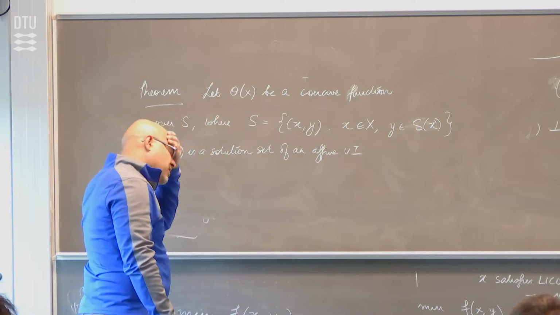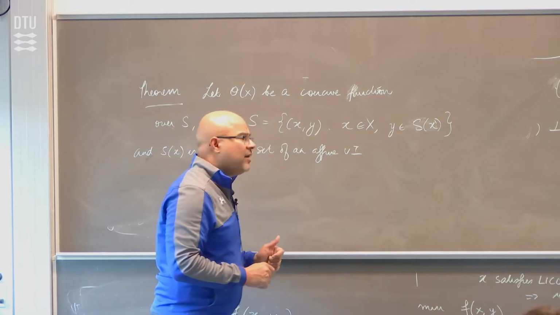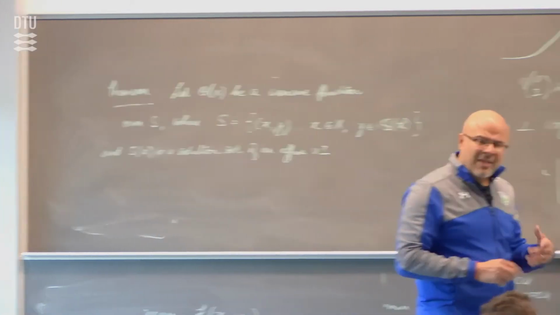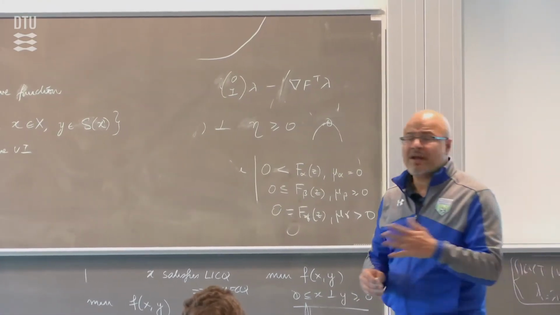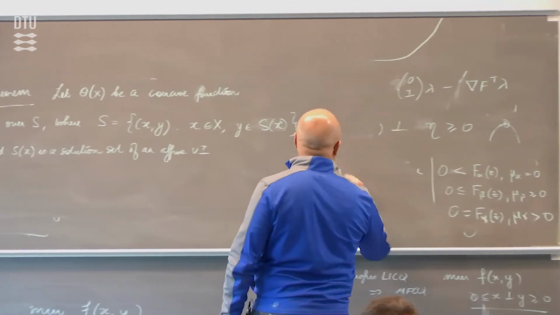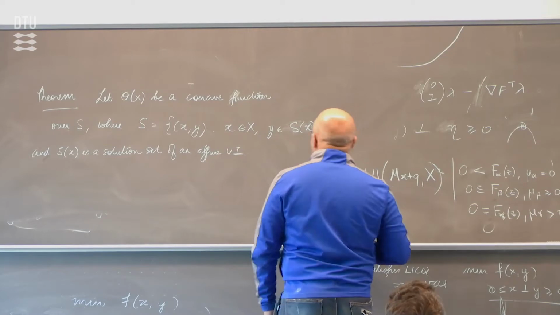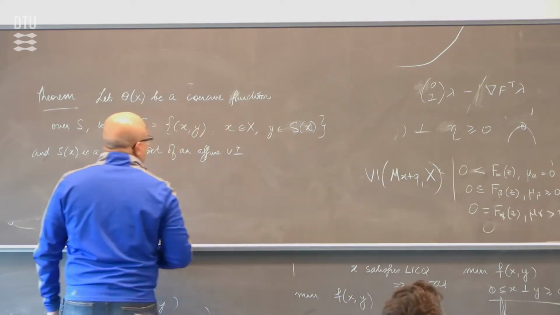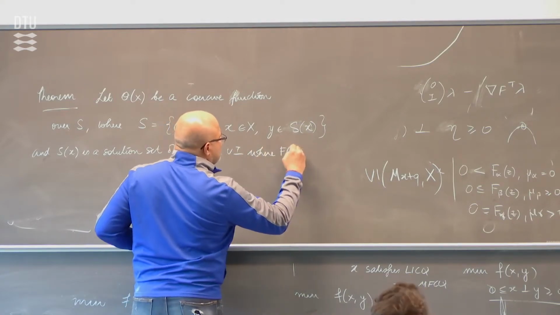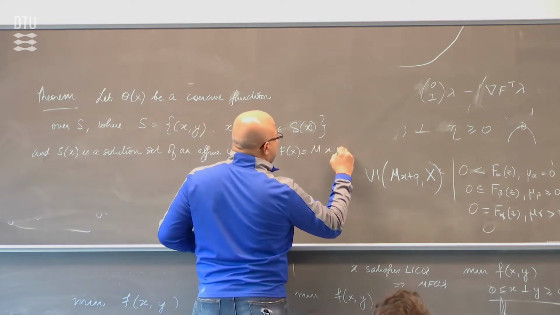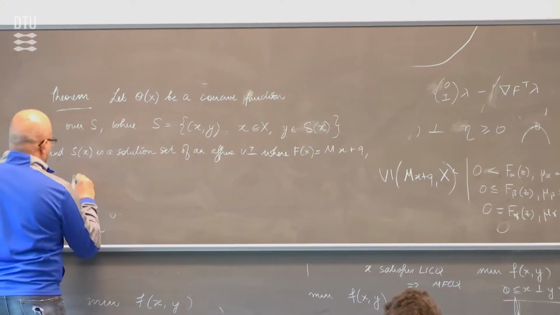One of the results that I'm going to give you is when it's an affine VI. What is an affine VI? An affine VI is one where the mapping is affine. So under some conditions you can rewrite that as a complementarity problem. So VI(Mx + q, X) is an affine VI, where F of x is equal to Mx + q and X is a polyhedral set.